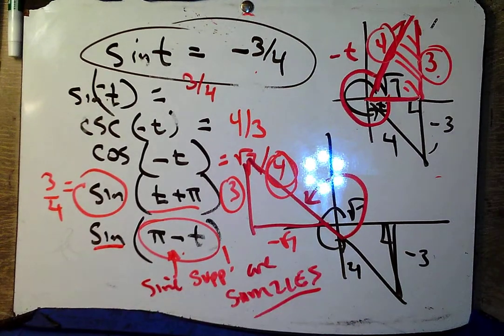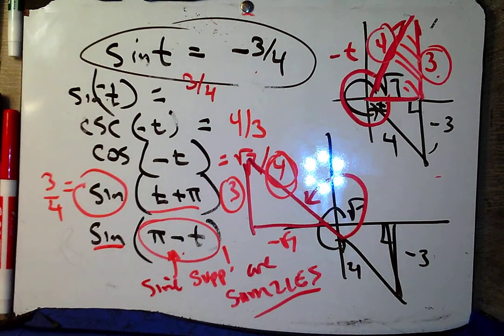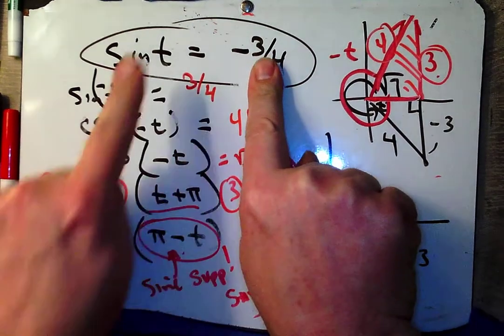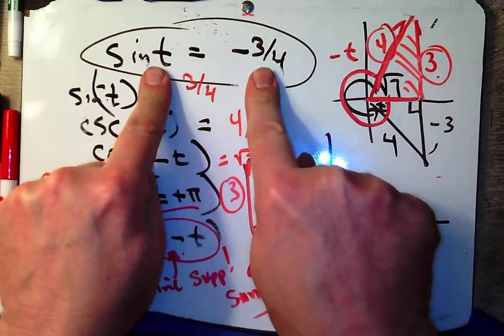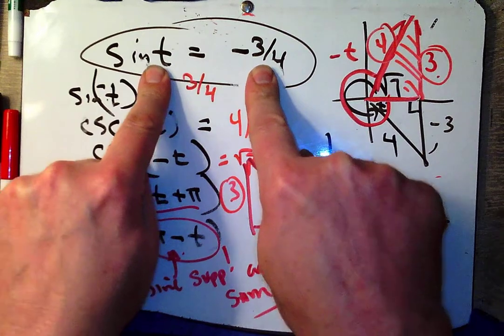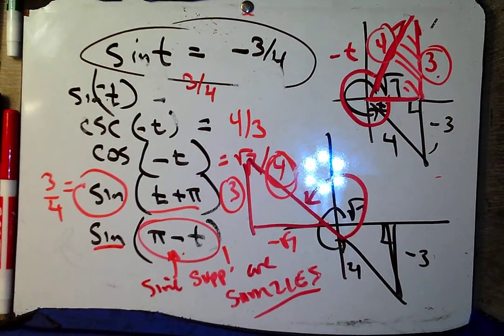I'm using that word not just because it's fun to say, but also because it's a word you're likely to remember. Sines of supplements are samesies, which means if this is my original angle, and that's the sine of that original angle, the sine of the supplement to that would have to be the same.